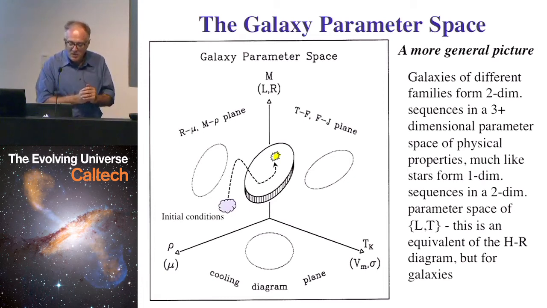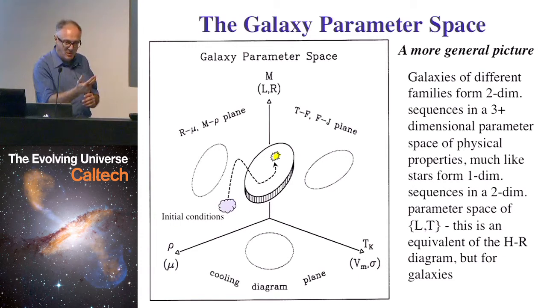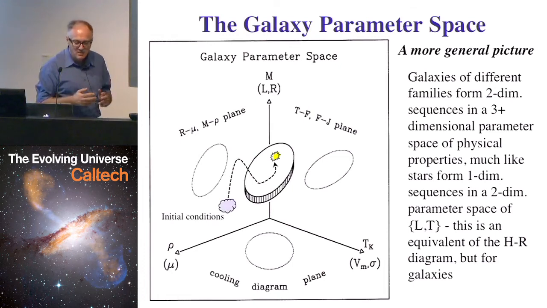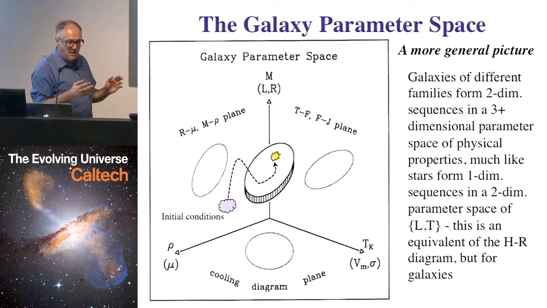And just like the HR diagram was this two-dimensional space of luminosity and temperature, in which stars were on one-dimensional sequences, the main sequence, the red giant branch, and what have you, for galaxies, there is one extra dimension. There are 3 dimensions, one of which measures size, radius, mass. Another one that measures density, and a third one that measures the kinetic energy, rotational speed or velocity dispersion.